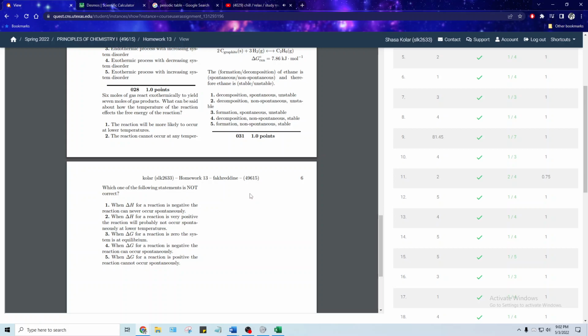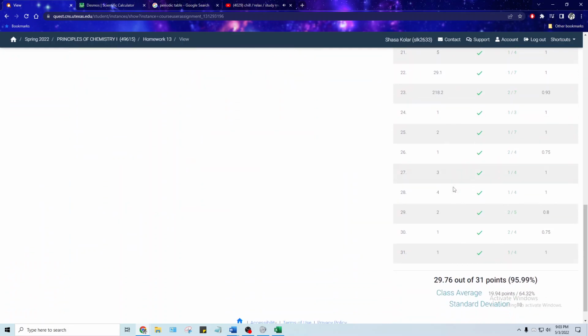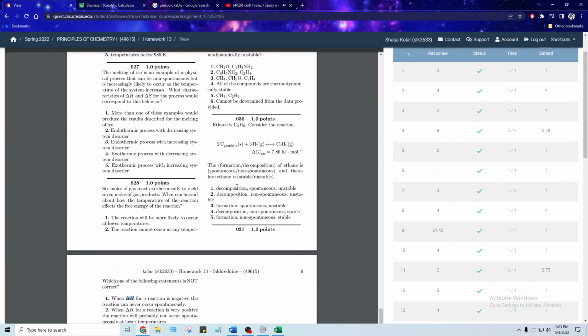The following statement is not correct: delta H for a reaction is negative, so the reaction can never occur spontaneously. What this is saying is that delta H alone being negative or positive will not guarantee it being spontaneous or never being spontaneous. So number 1 is wrong. And 30 is 1 as well.